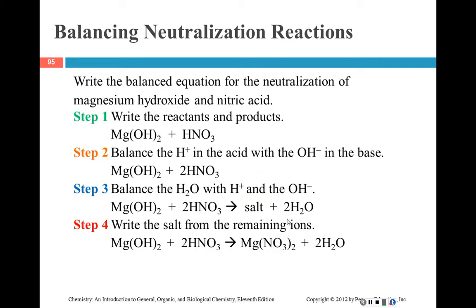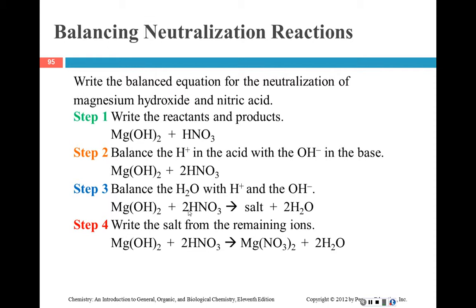So if you've got magnesium hydroxide and nitric acid, you're going to balance the H's with the OHs. You've got 2 OH's, so you're going to need 2 H's here. Then I'm going to balance the waters with the H's and the OHs.